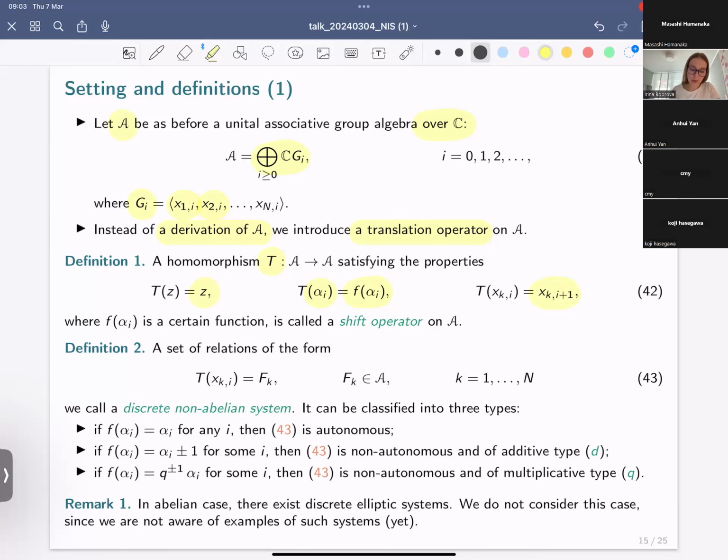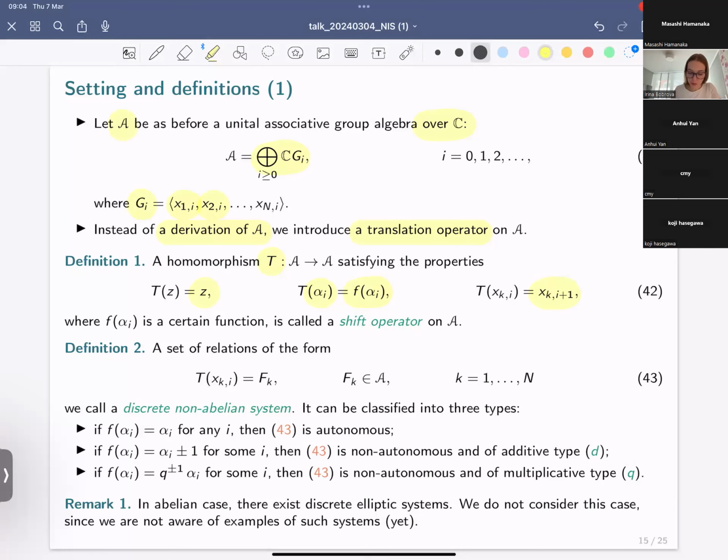Now we want to define a non-abelian discrete system. Again, we follow the same idea, the same definition as in the differential equations.